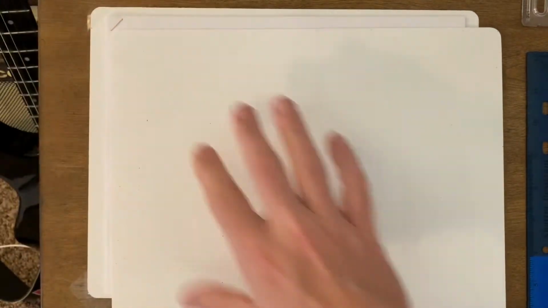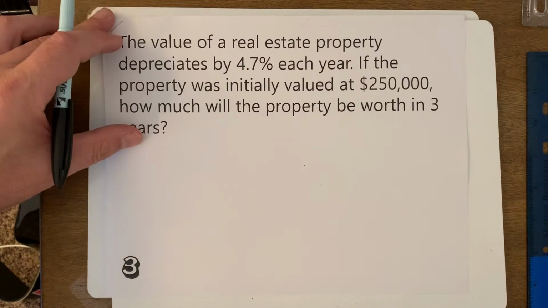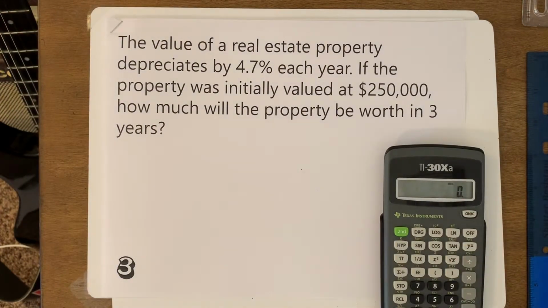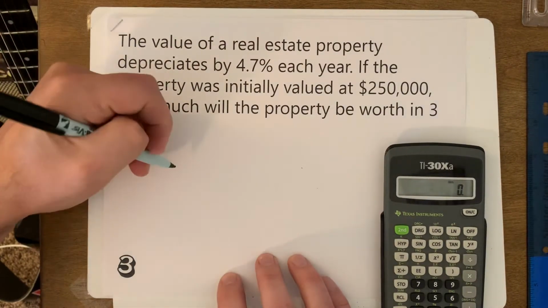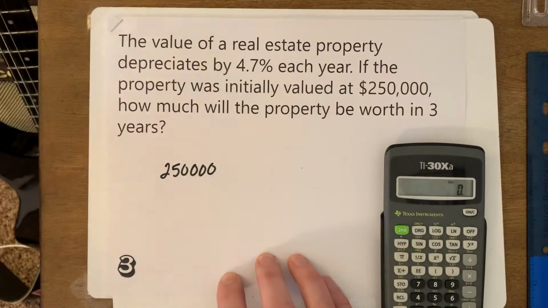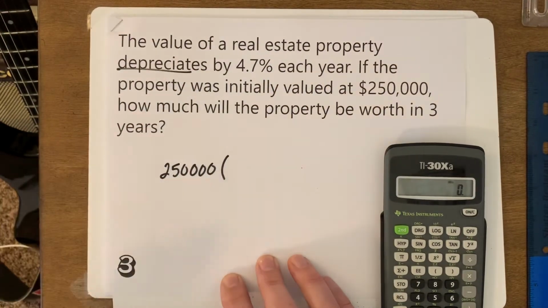All right. Next one. The value of a real estate property depreciates by 4.7% each year. If the property was initially valued at $250,000, how much will the property be worth in 3 years? Okay, so we've got 250,000, which is a lot of money. We are talking about depreciation.